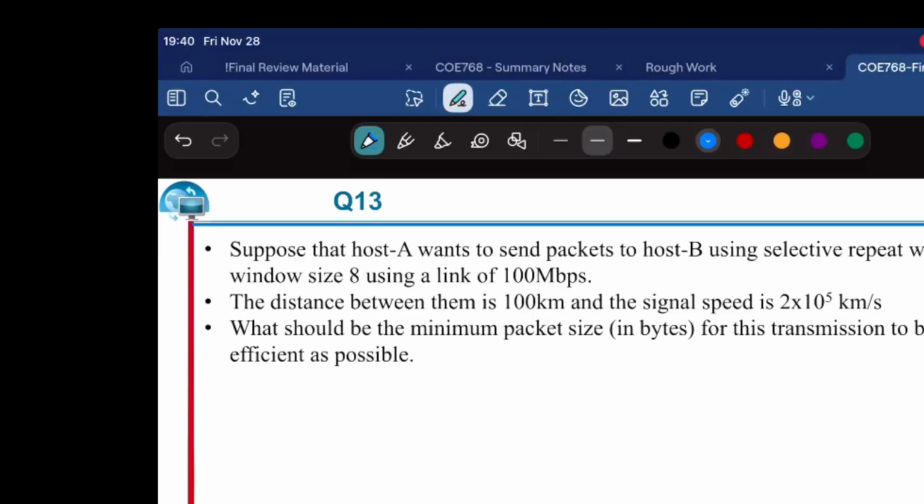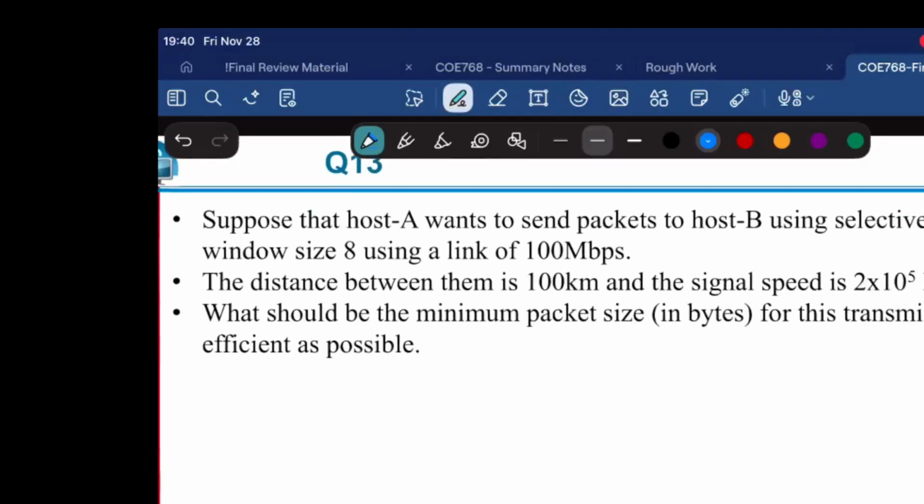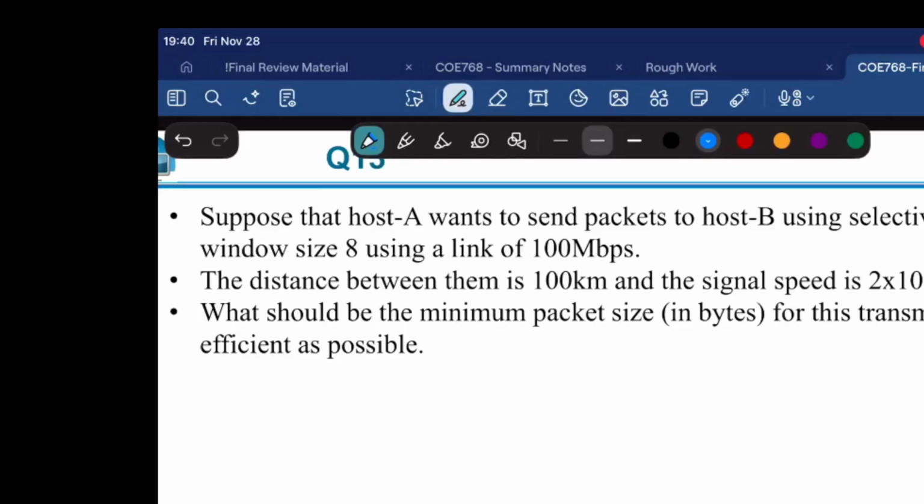So if we go back to that first slide with the formulas, if you have it open, we know that for that to occur in terms of selective repeat, WR, the receiving window, must equal the sender's window.